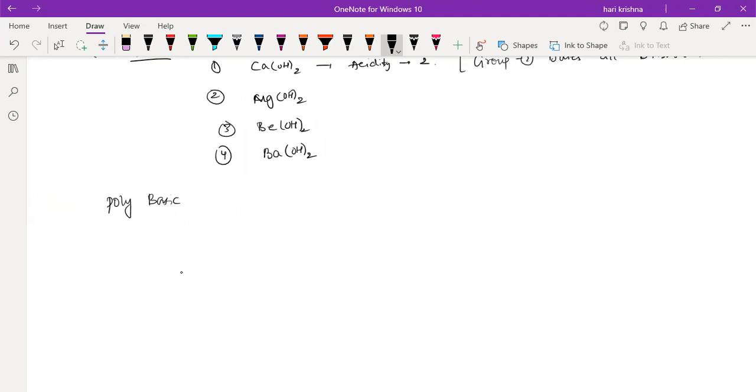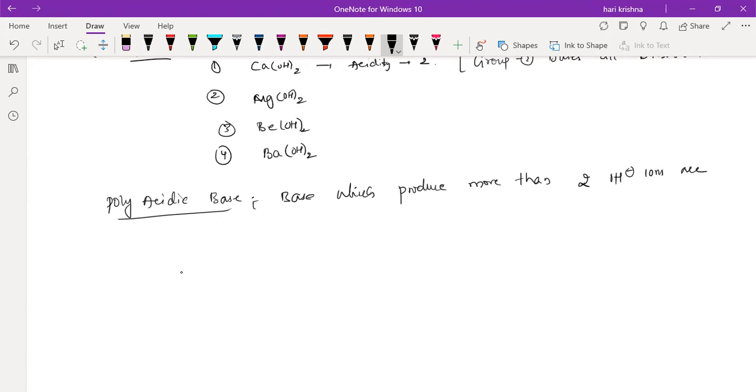But here we are discussing the polyacidic bases. A base which produces more than 2 OH minus ions is a polyacidic base.